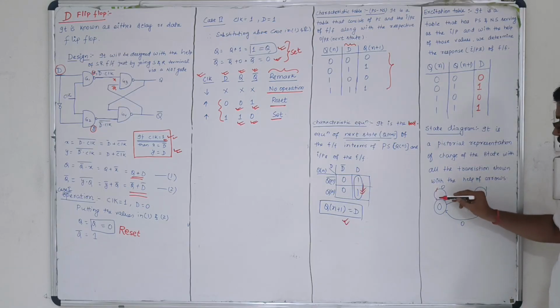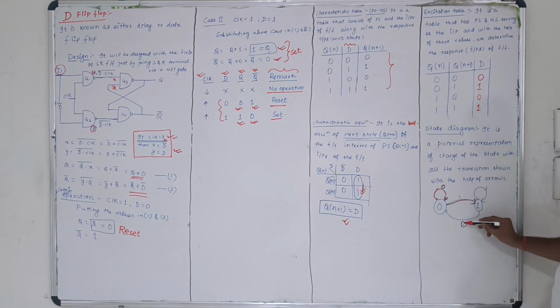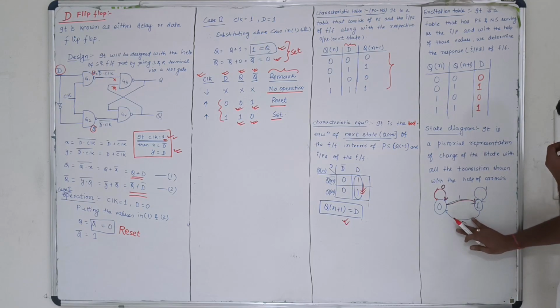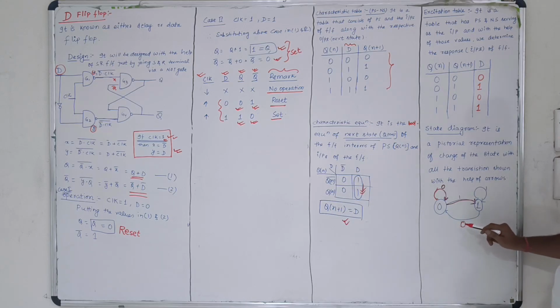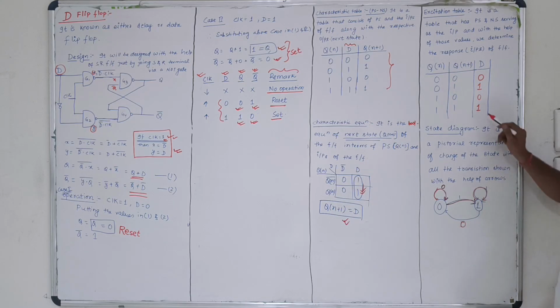Then 0 to 1. What is the input? 1. Then 1 to 0. At that time, what is the value of D? 0. And 1 to 1. We are having the value equals to 1. So we have written it as 1.